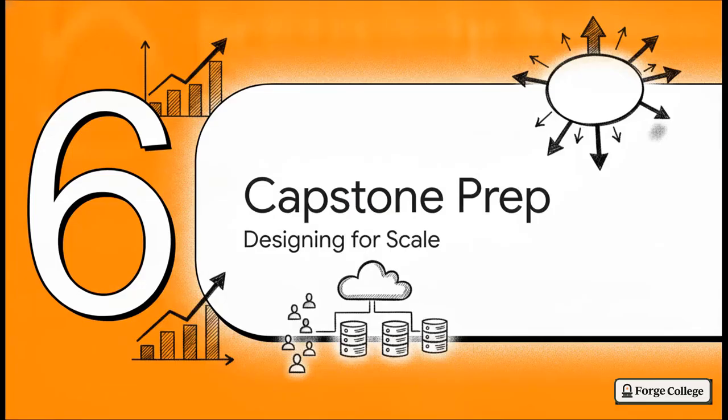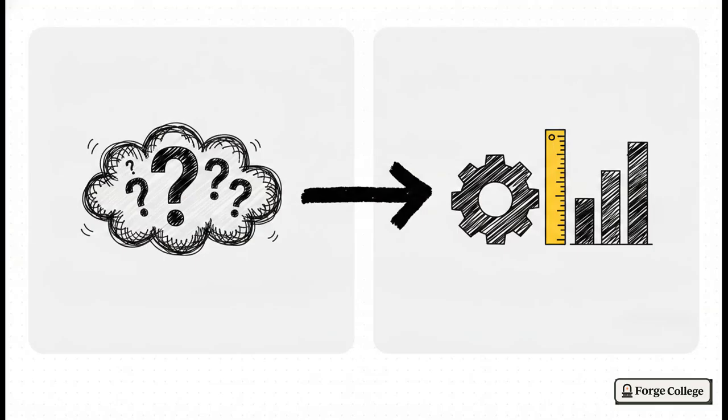And lastly, Section 6, Capstone Prep. Let's wrap up by looking at how you'll present all of this in your final architecture document to literally prove your system is ready for scale. We're looking at the ultimate transformation here. We take that vague, cloudy demand, "users see deposits instantly during drops," and we convert it into a rigorous JSON SLO object.